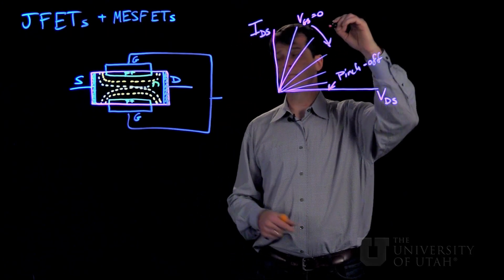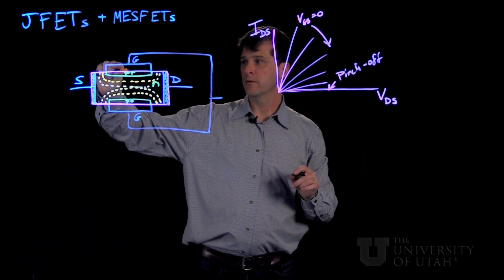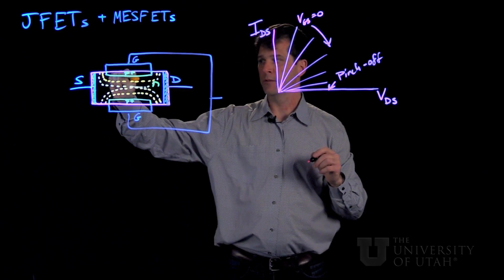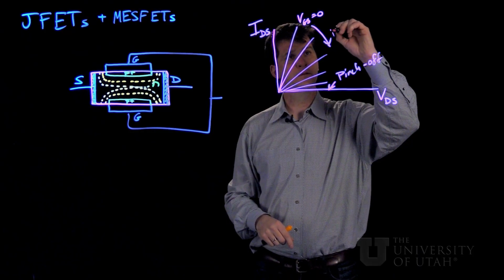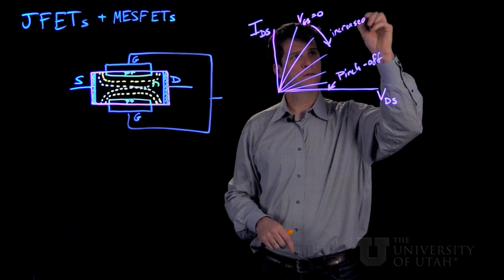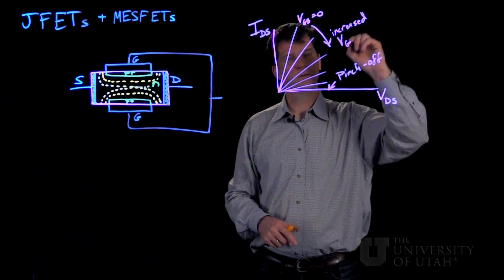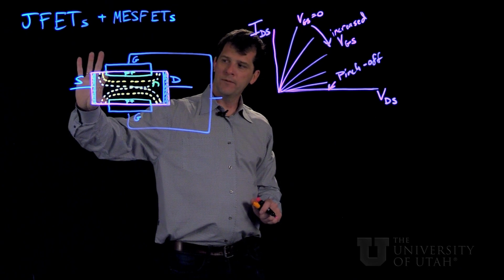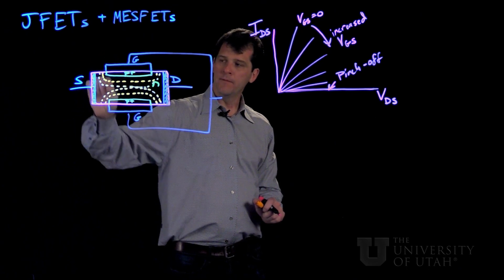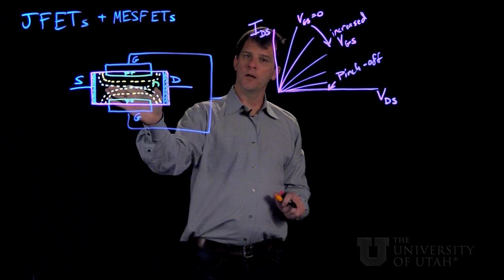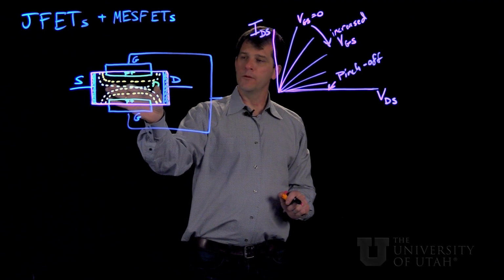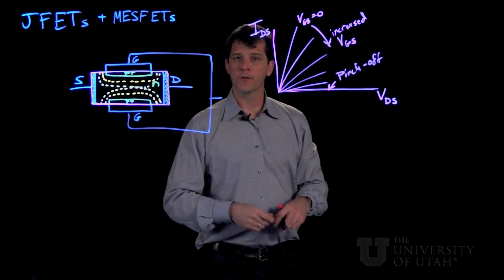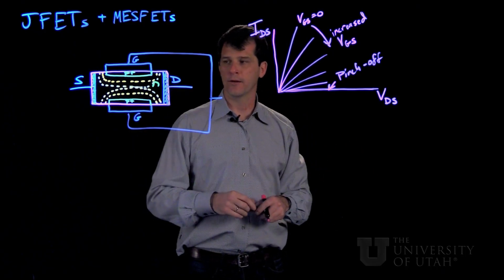If we look at the individual PN junctions here, the gate bias is putting these PN junctions into reverse bias. And so pinch-off happens conceptually where the 2 depletion widths meet in the middle, and the conductivity through the depletion region is very small because the depletion region in our depletion approximation is devoid of charge carriers.